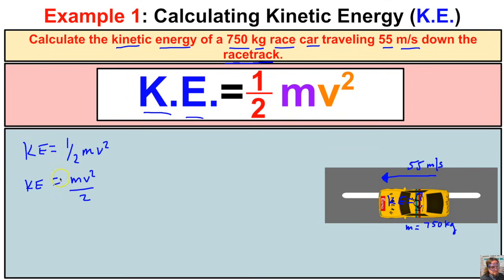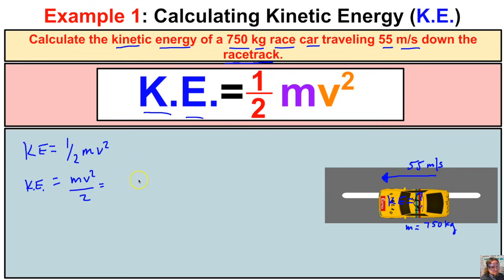To get the kinetic energy, all we need to do is plug in these values. We need to make sure that the mass is in kilograms, which it is, and that the velocity is in meters per second, which it is, and we can go from there.